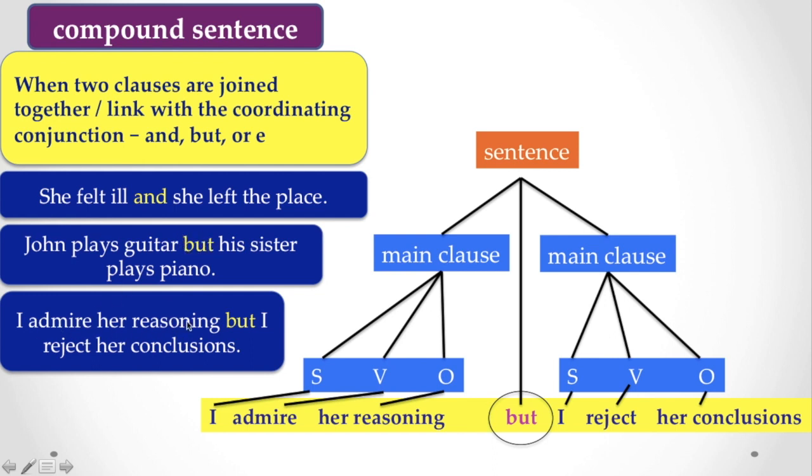I admire her reasoning, but I reject her conclusion. Here also you find two main clauses. I admire her reasoning has a subject, verb and object, and there is a linking word, or coordinating conjunction, but, that joins another main clause with a subject, verb and object as well, that is, I reject her conclusion.